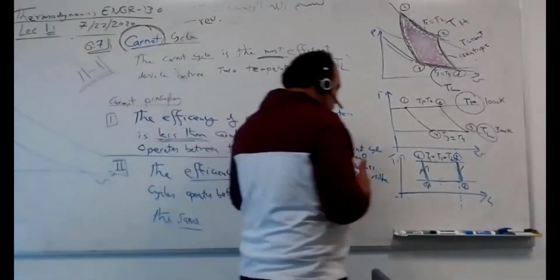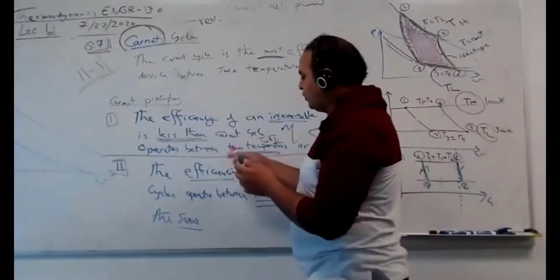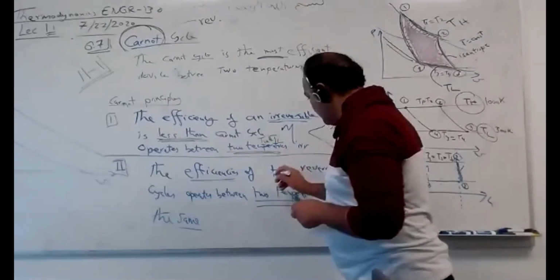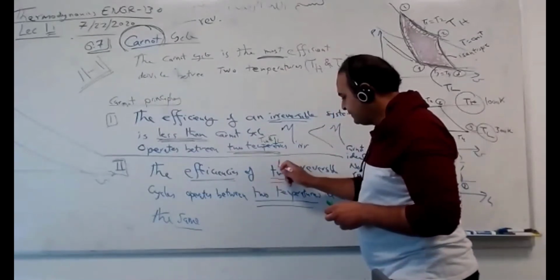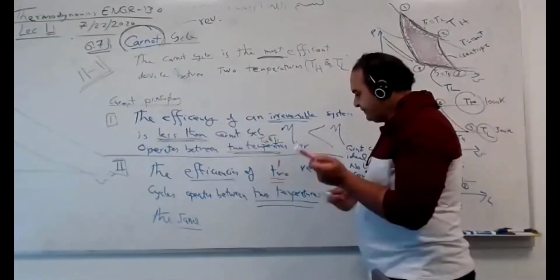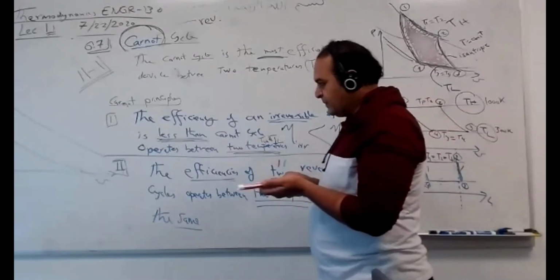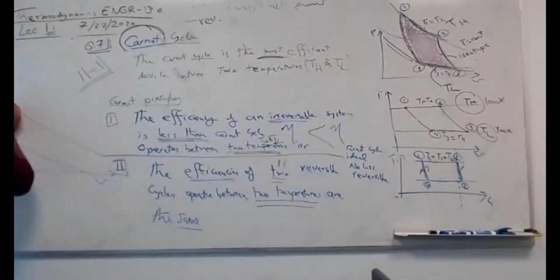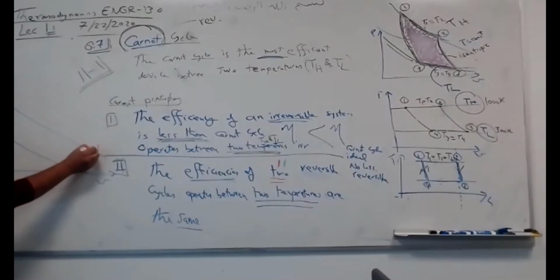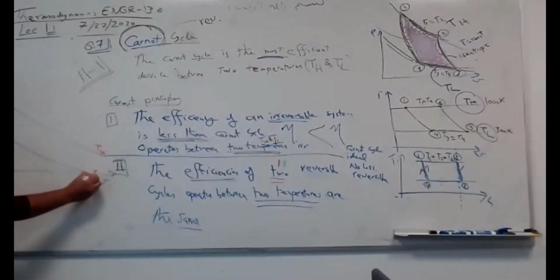Let's say two cycles. We have two cycles, guys. We have red and green, for example. So let's say the red is here, started here. This is T high, one temperature, and this is T low, one temperature. The red started here. This is one. This is two.